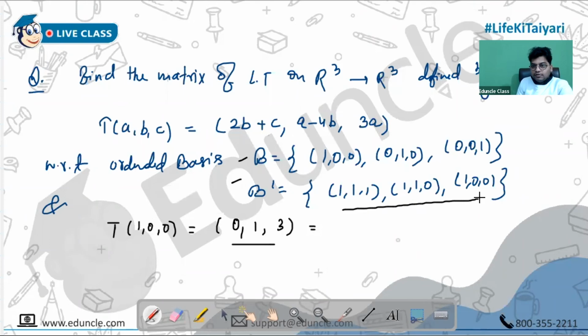Do you know this one? Like A of 1 1 1, B of 1 1 0, and C of 1 0 0. Have you written down like this? Have you found this one?